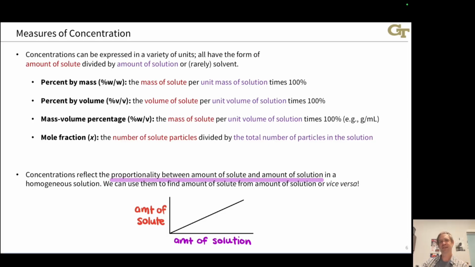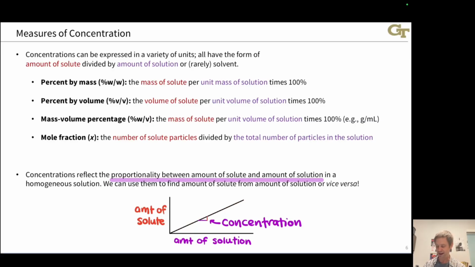As we increase the mass of the solution, 1 gram, 2 grams, 3 grams, 4 grams, 5 grams, etc., the amount of solute in that growing solution increases linearly. If I add a gram, I get some additional amount of solute. I add another gram, I get that same additional amount of solute.